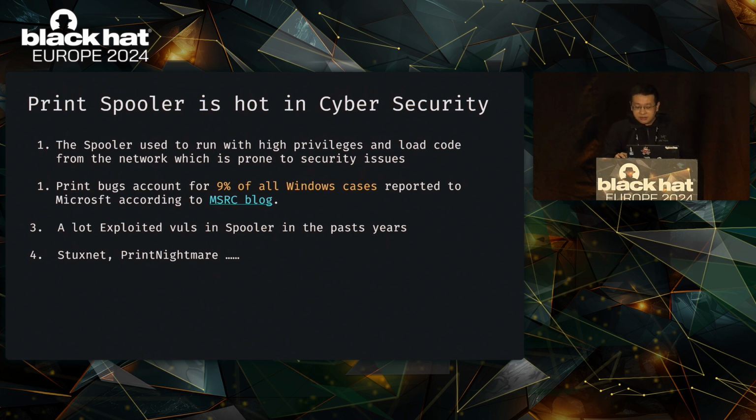Third, there are a lot of exploited vulnerabilities in Spooler in the past few years. And some of the vulnerabilities have very high impact and attract a lot of attention. For example, the Stuxnet printer exploitation and the PrintNightmare bugs, and so on.